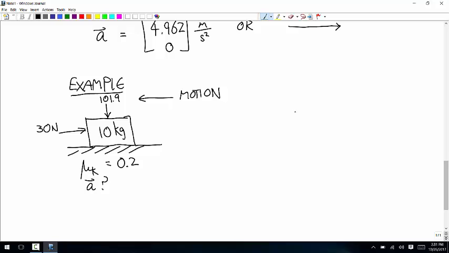Okay, so here's the free body diagram now. We have a downward force of 98.1 and another downward force of 101.9. You thought I was crazy when I did that, but now you see.